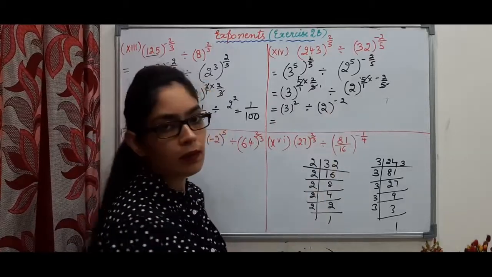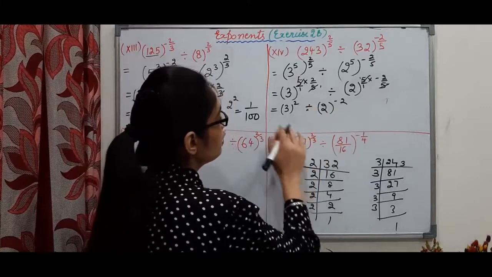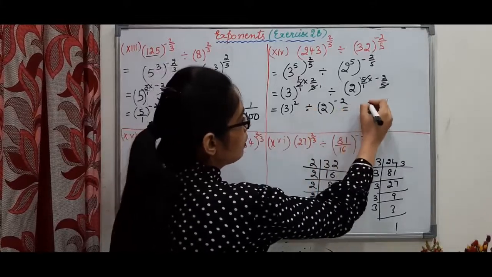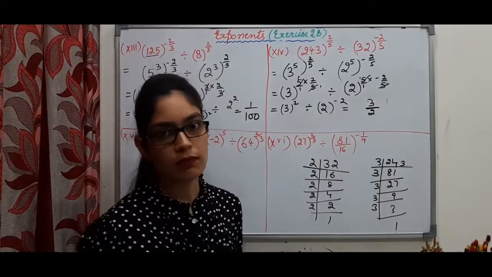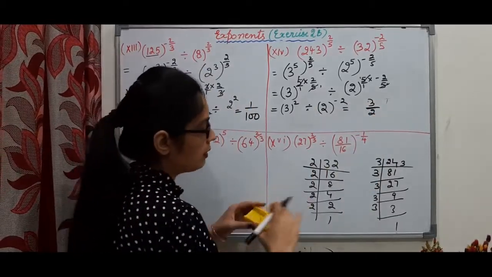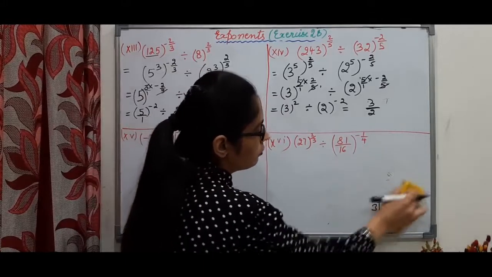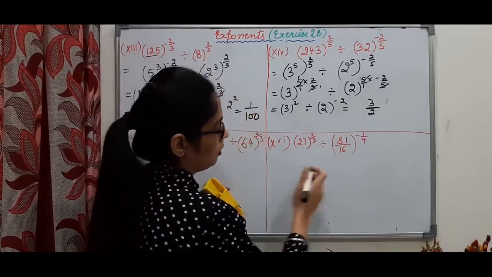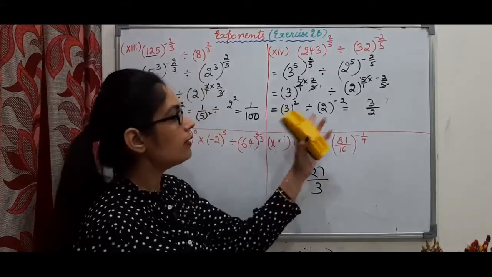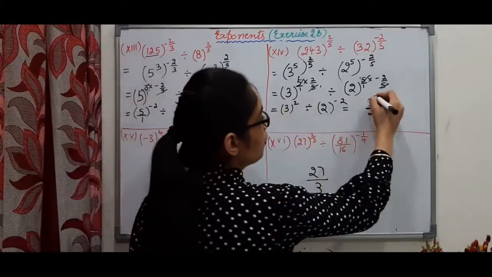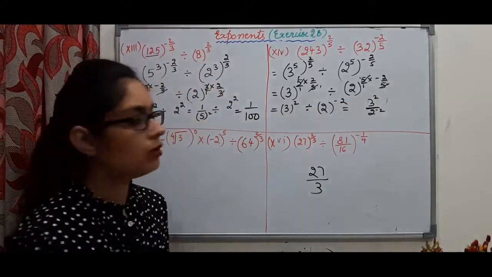This division sign we can also write like this. In smaller classes when we were doing division, it was also given in this form, 27 by 3, so it means division. So the power of this is 2 and the power of this is minus 2.